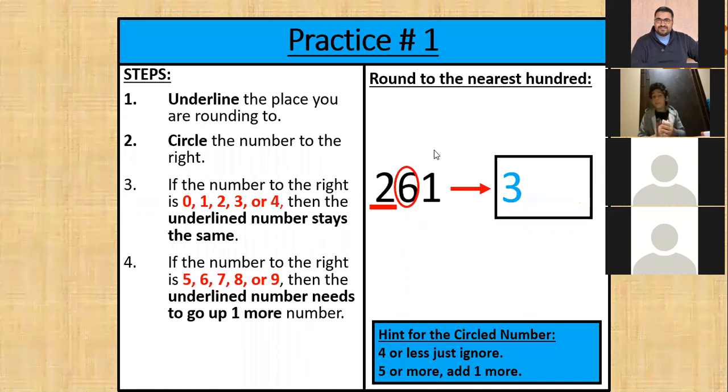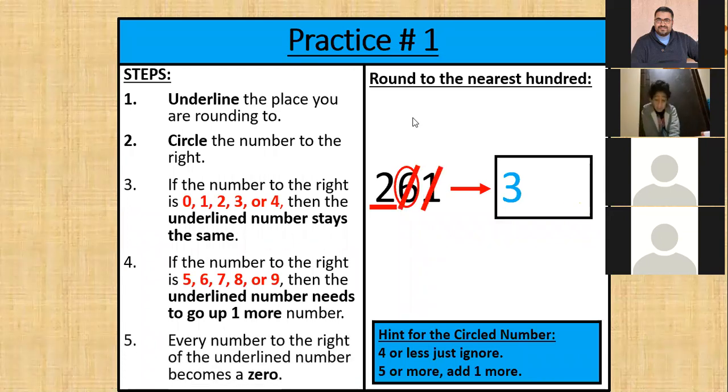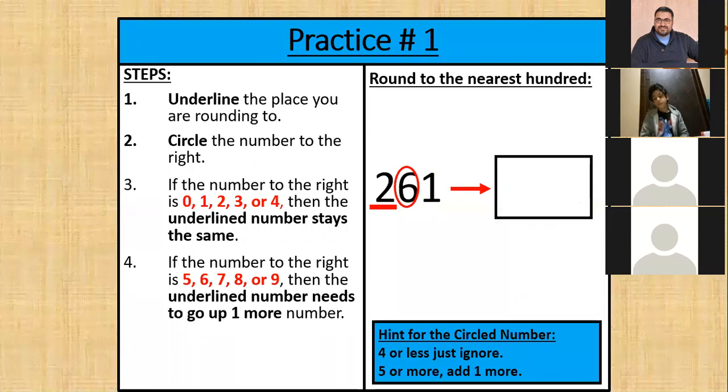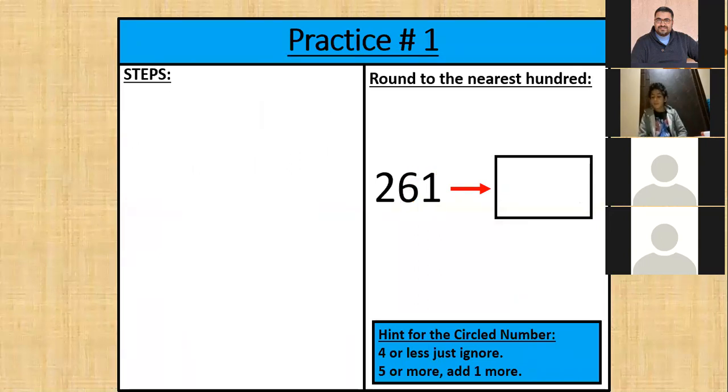We will cross this 2 number. We will cross 6 and 1. And put 2 0 here. Okay. Like that, okay? I want another one to solve this example. Thank you, Ahmed.